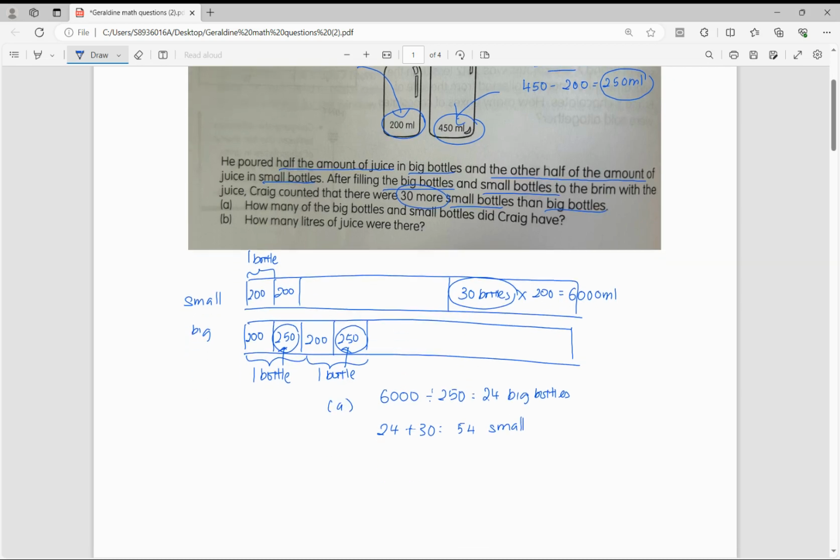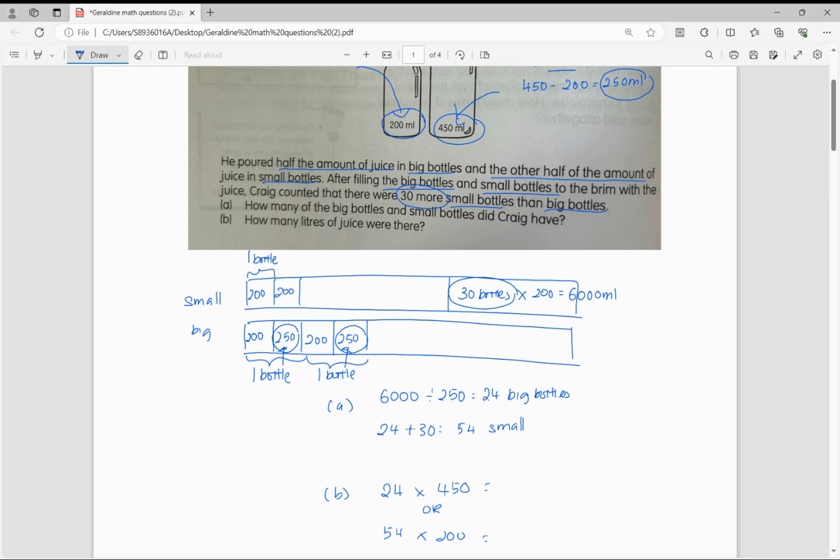Part B. How many liters of juice were there? Very simple. You can just take 24 times 450, or you can also do 54 times 200. It should give you the same answer.